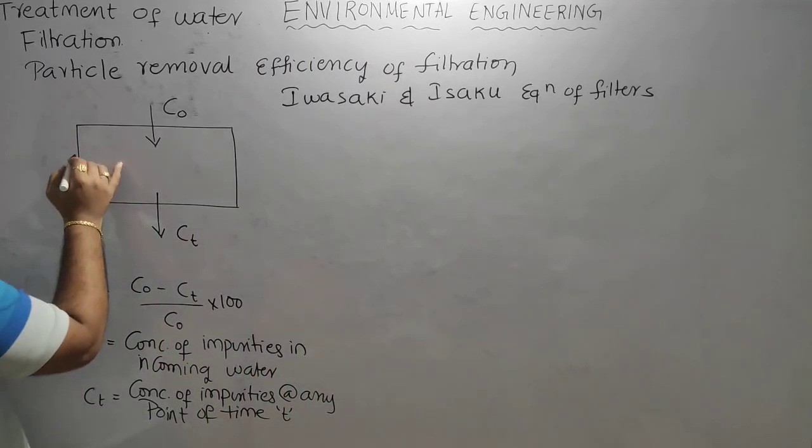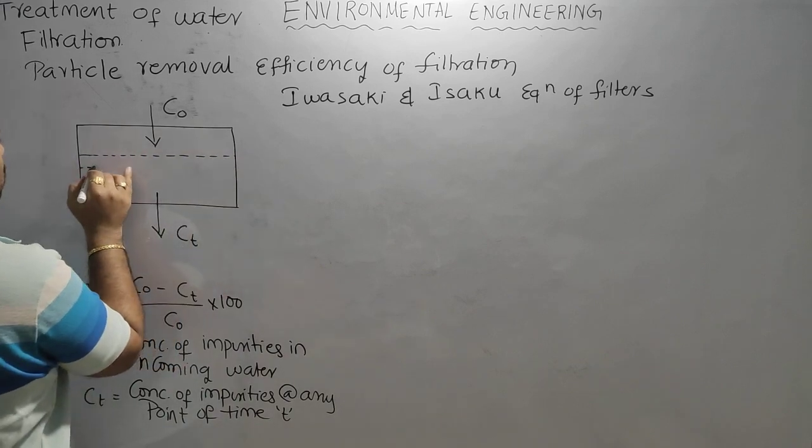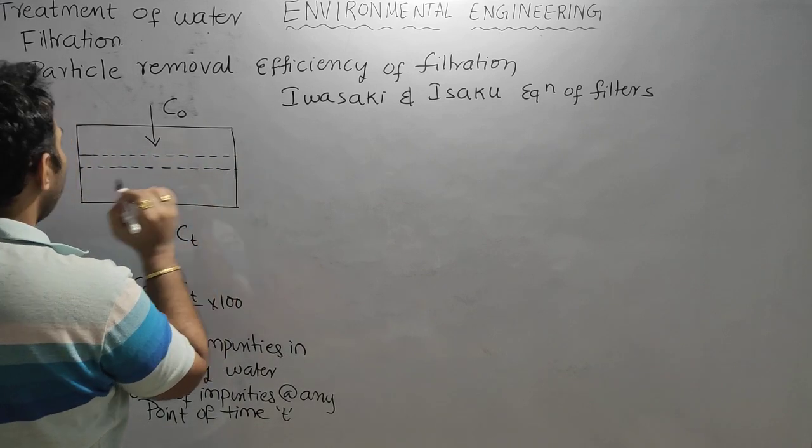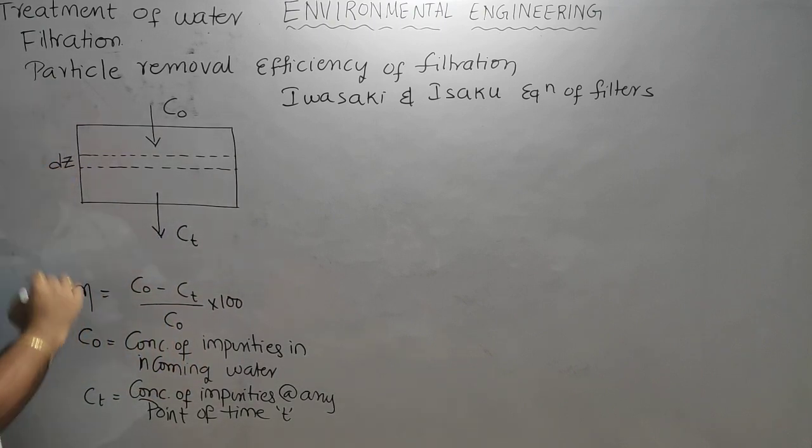See here, if you take a small part of the depth of the filter media, which is having a depth of dz, let us take a small part of filter media, that is dz, and this dz is removing a particle concentration of dc.